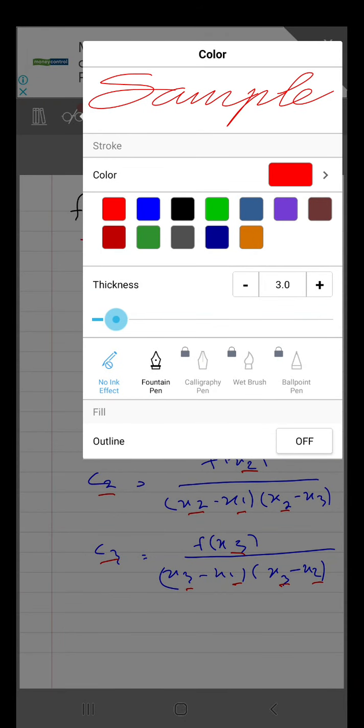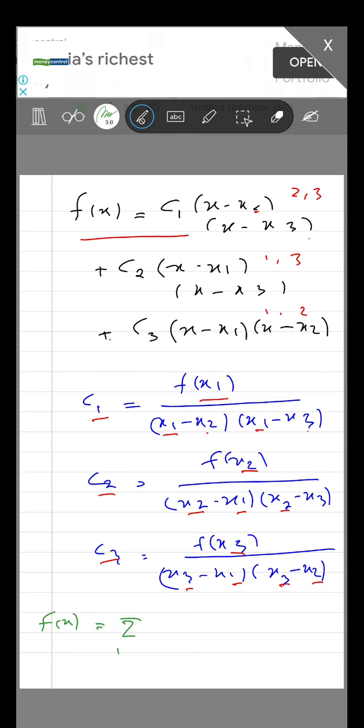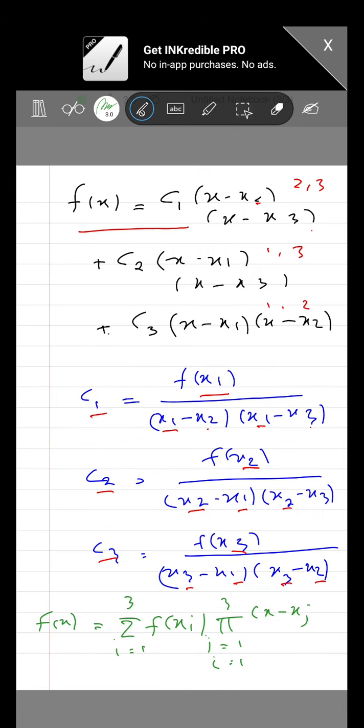You can write f(x) as equal to summation i equal to 1 to 3 of f(xi) into the product over j, of (x minus xj) divided by (xi minus xj).